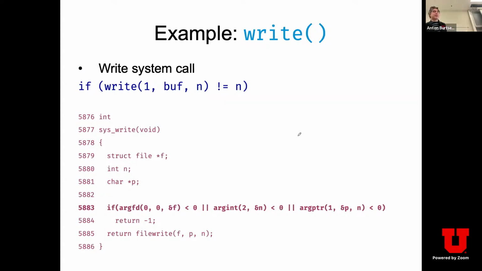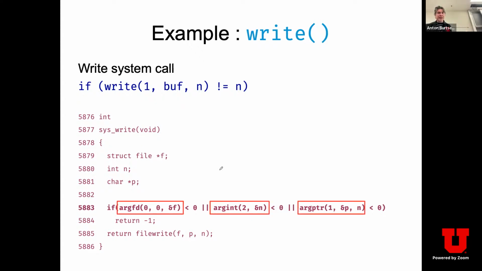Remember, the trickery here is that you invoke this write system call at user level as a function with three arguments, right, which returns an integer. In the kernel, syswrite is implemented as a void function because we said, okay, we want to have this polymorphic array. Every system call is a void function. How do we access those arguments? So the kernel says, okay, I can just use helper functions, which will fetch those different arguments from the user stack.